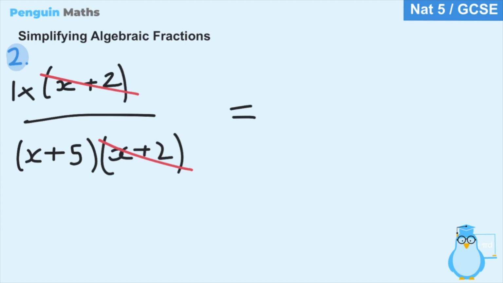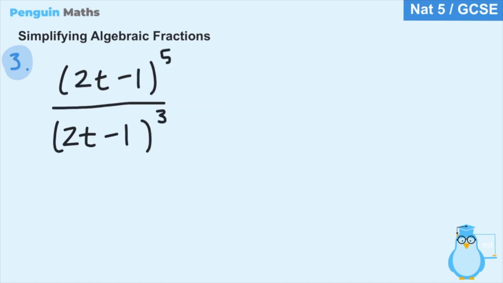So if we get rid of that, we would just be left with 1 on the top, and if we've cancelled the other x plus 2 out on the bottom, we would just be left with the x plus 5 on the bottom. You can either leave this in brackets or not, it's up to you, but that means this fraction simplified to 1 over x plus 5. And that just shows that if we have brackets, they can be simplified the exact same way we would with a numerical fraction or just another basic algebraic fraction as well.